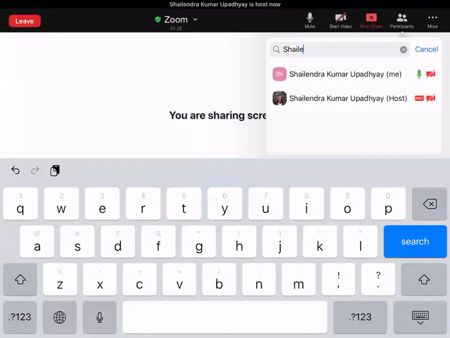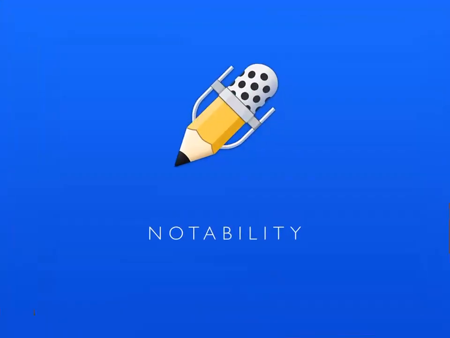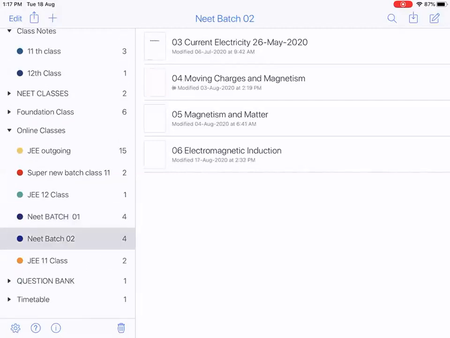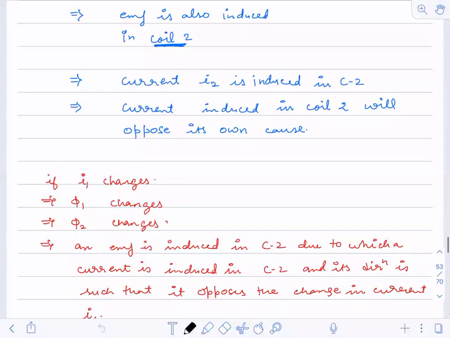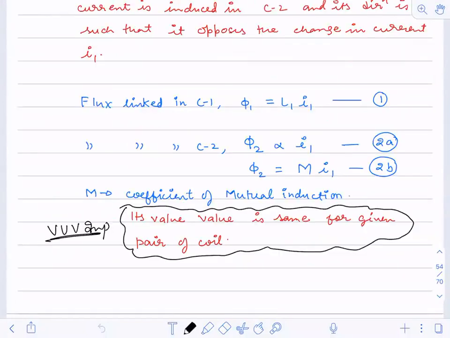So we had seen a relation between I, phi, and M, I guess. We had done up to that point. So this is what we have done: phi is equal to M into I.